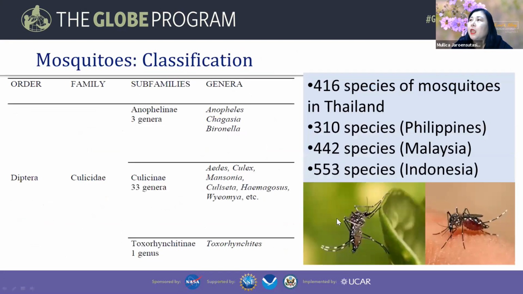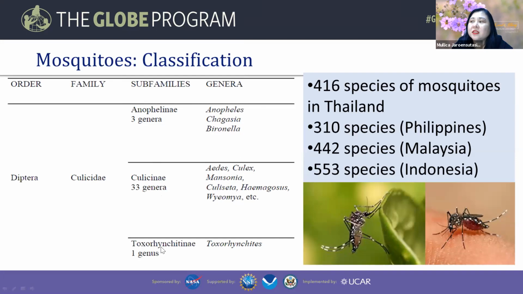Okay, and I want to show you that when you want to classify mosquitoes, mainly there are three different subfamilies. Anophelini, this one carries malaria, and Culicini, this one has Aedes, Culex, and so on, and this one carries dengue, Zika, chikungunya, and filariasis.